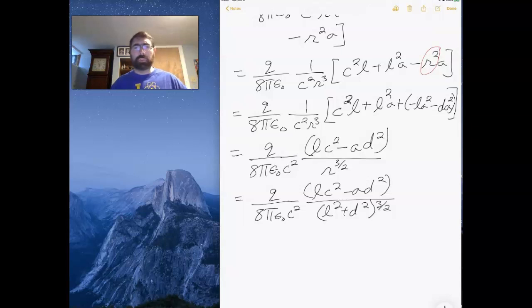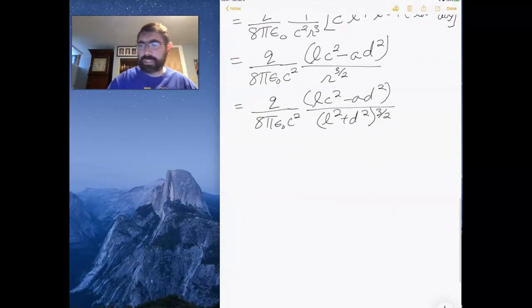Okay, so by symmetry, the electric field on the second charge is the same thing as the electric field on the first charge because I've broken them up into equal magnitude charges, and it's a very symmetric case, positioned at the same distance away from the x-axis.